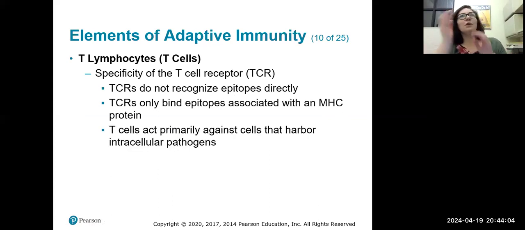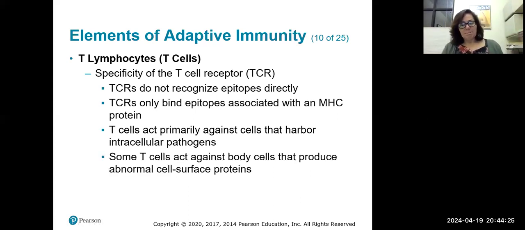The T cells are most effective against pathogens that are already inside a cell. The T cells don't do great with stuff that's in circulation. And again, why? Because it has to be presented to them on a platform. And if it's in circulation, nobody's presenting it on a platform. And the T cells can also act against body cells that maybe aren't infected, but are still producing things that don't look quite right when they're on the surface.